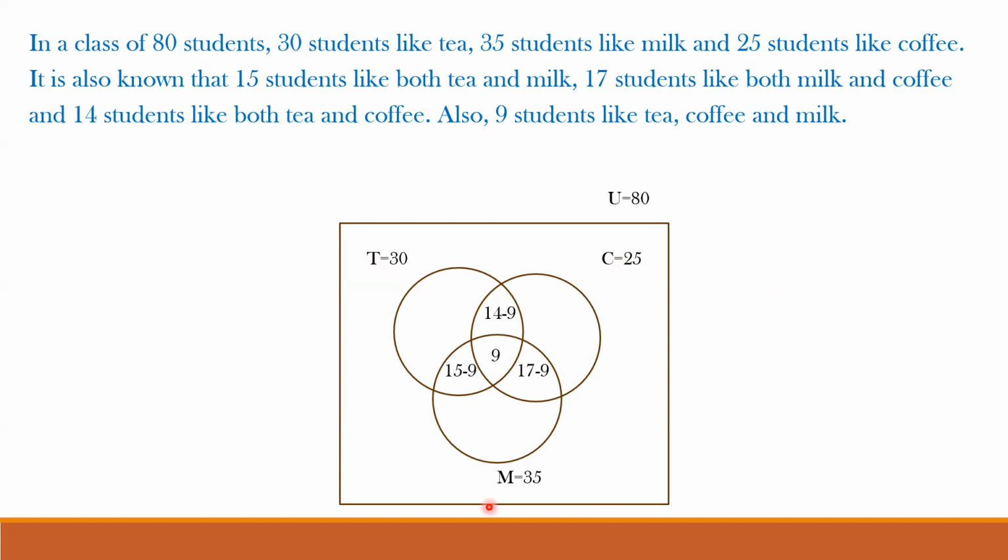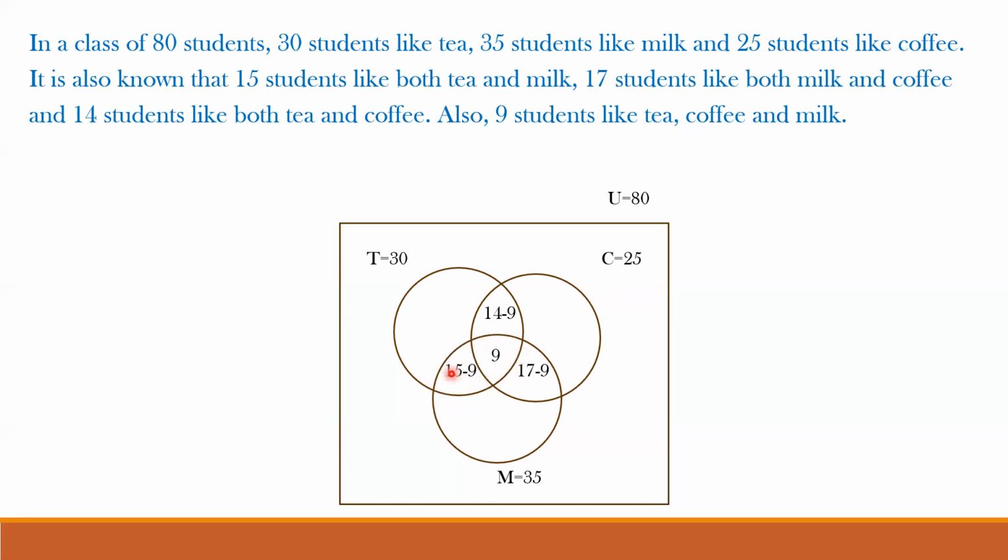They have given in a class of 80 students, so your universal set is nothing but 80. 30 like tea, 35 like milk, and 25 like coffee. 15 like tea and milk. 17 like both milk and coffee, and 14 like both tea and coffee. 9 like all the three. So what will this part be? 9. And what did they say in the first part? That is 15 like both tea and milk.